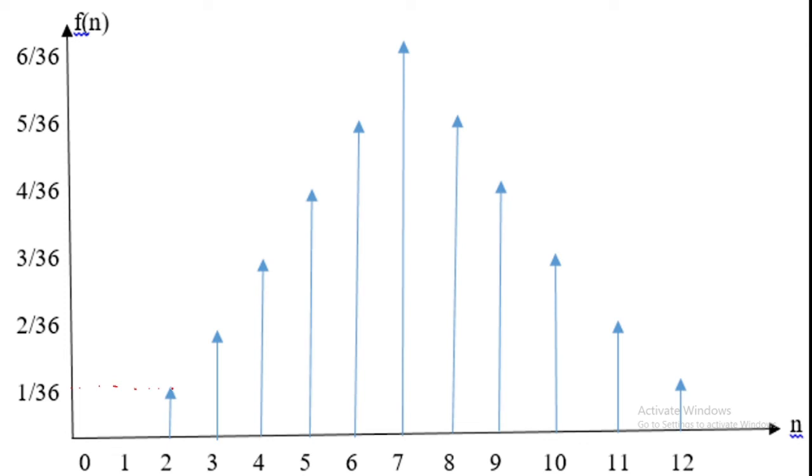Symbolically, the unit impulse function is drawn by a vertical arrow. So for n equal to 2, the value 1 by 36 is drawn by a vertical arrow. Next, n equal to 3, the probability function value is 2 by 36, drawn by a vertical arrow. That is the impulse function.